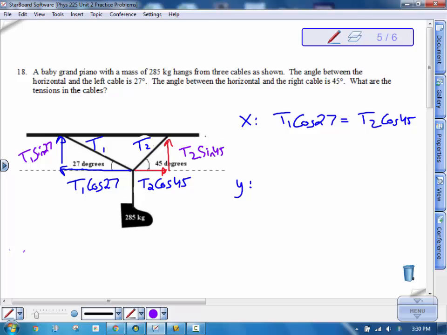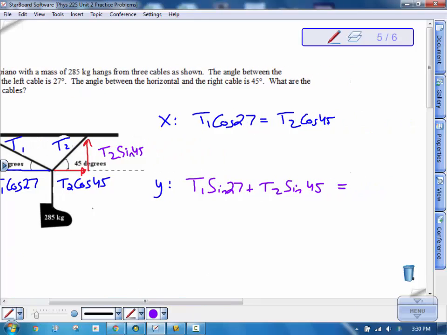And so if I add these 2 vertical components up, they have to equal the downward component. So there's my second equation, t sub 1 sine of 27 plus t sub 2 sine of 45 has to be equal to this mass hanging down, mg, so that'd be 285 times 9.8. So there's my 2 equations with 2 variables.